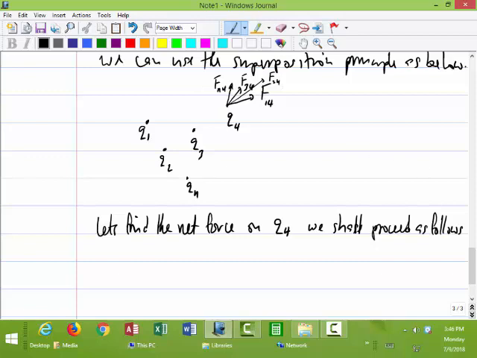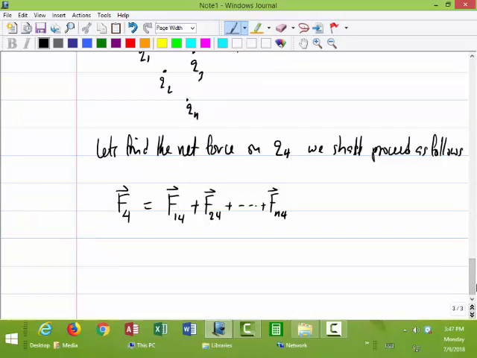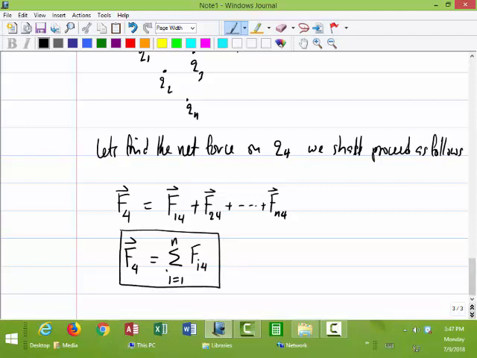We can add all these forces up to get a net force on charge 4, equal to the force of 1 on 4 plus the force of 2 on 4 plus the force of n on 4. These are all vectors, of course, so we've added the forces up by superposition. We can take the sum of all the forces this way, F subscript i, so this is the sum of all the forces on charge 4.